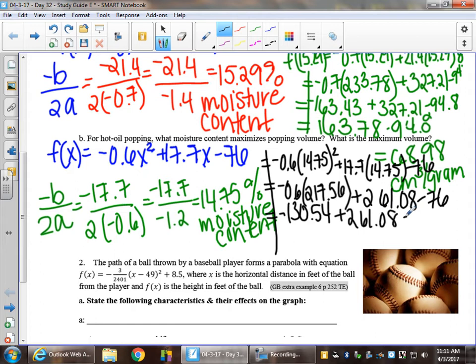Okay, I might have a question. Is that a 16 or is it a 76? 76, because remember, look at here. Negative 130.54 plus 261.08. What do you get? 85.54.